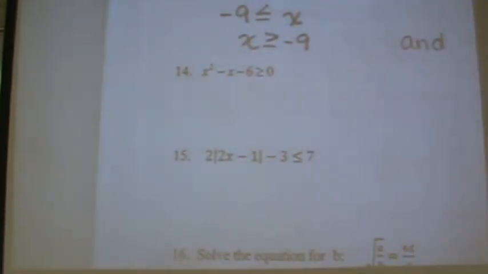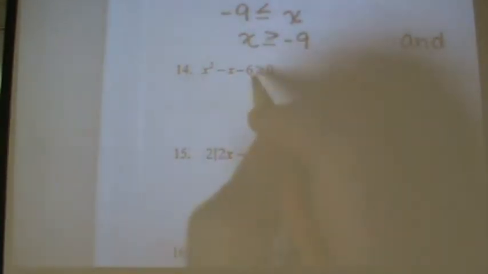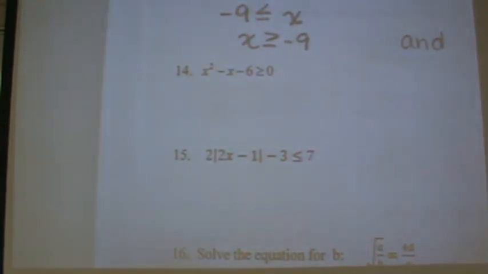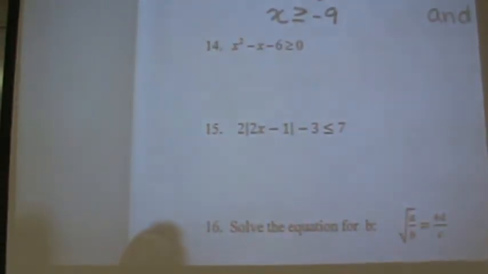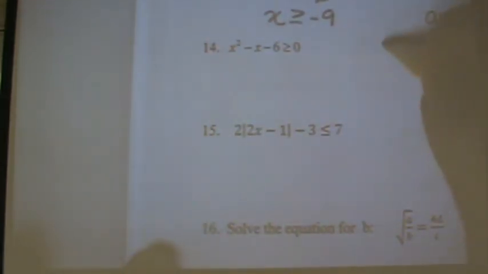This next one, gotta know these. Do you remember how to do this one? If you type this in your calculator, x squared minus x minus 6, what is it? It's a parabola.